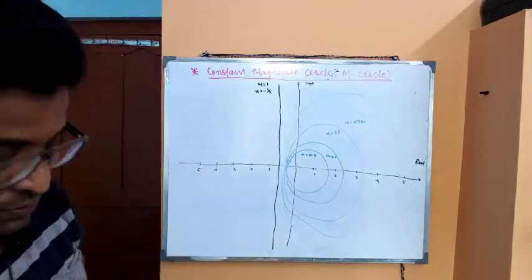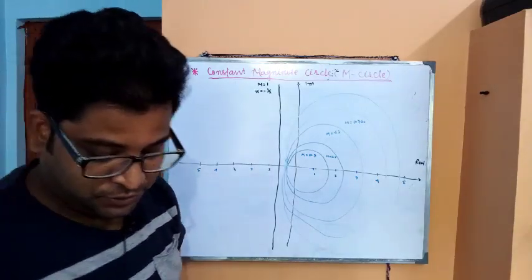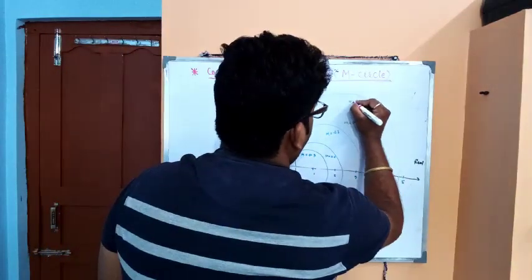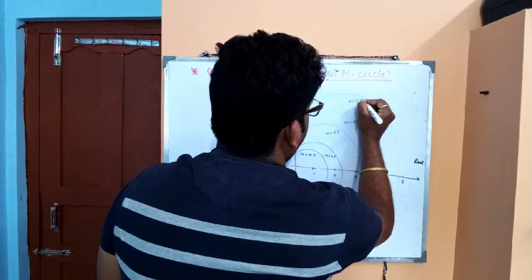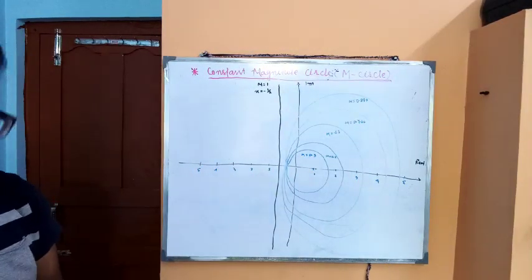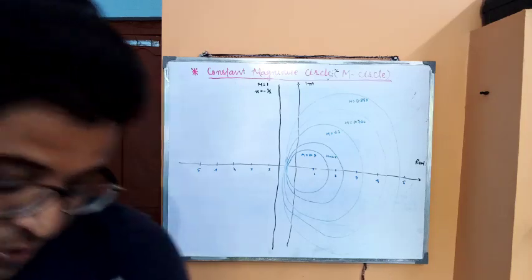Then this is M equal to 0.833. So we have drawn the M circles for the first 5 values.